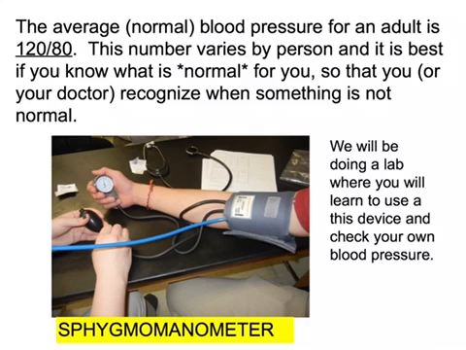So I know you're all repeating that to yourself right now. Sphygmomanometer. Probably one of my favorite words in science. We're going to do a lab where you learn to use a sphygmomanometer and to check your blood pressure. It's kind of a skill. It takes a while to learn, so it's pretty tough at the beginning, but we're going to give it a try soon here.